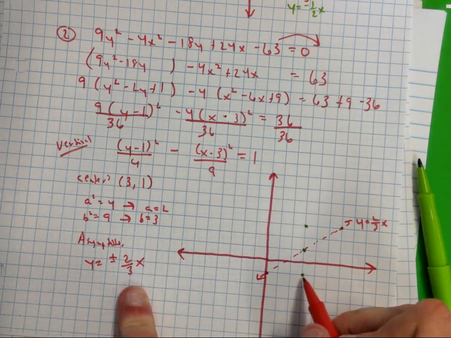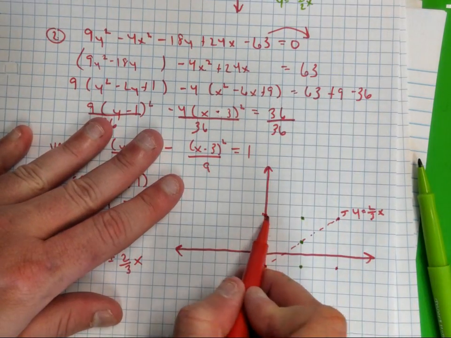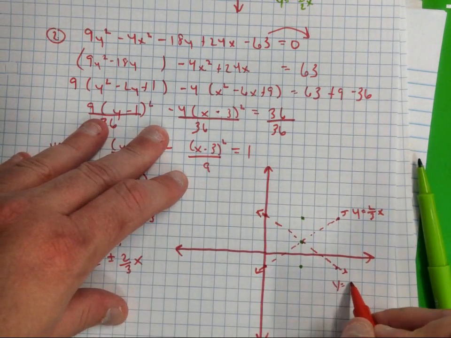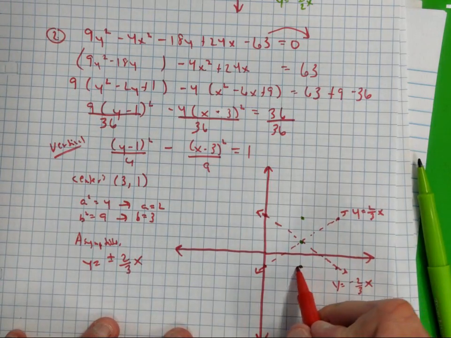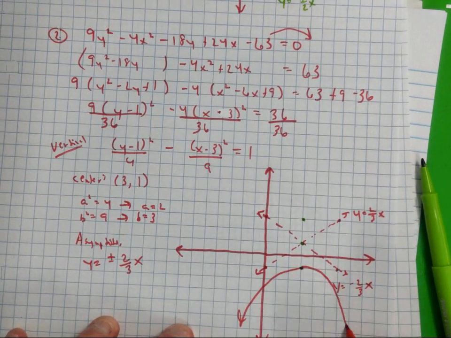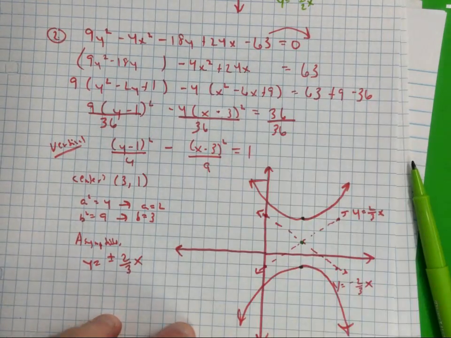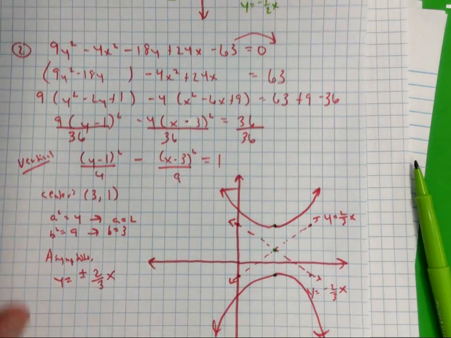The other way, y equals negative 2/3 x, and then draw your curves very close to your asymptotes. Okay? So that's a review of graphing hyperbolas.